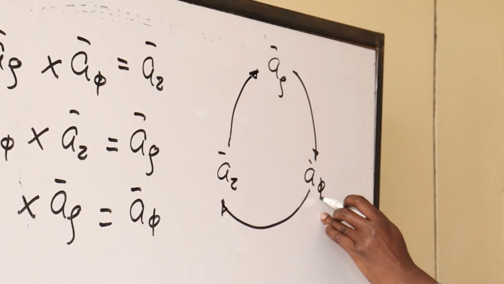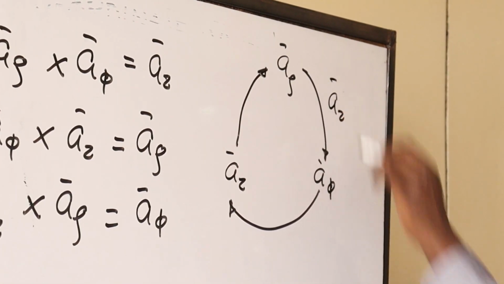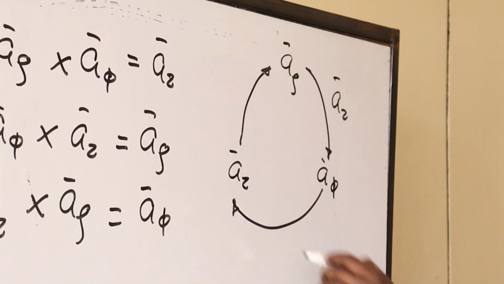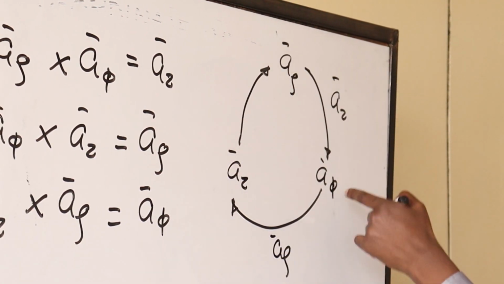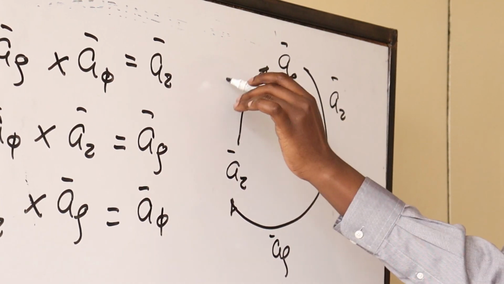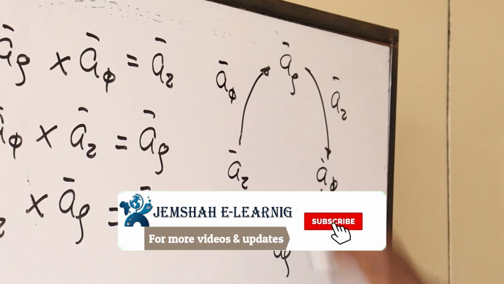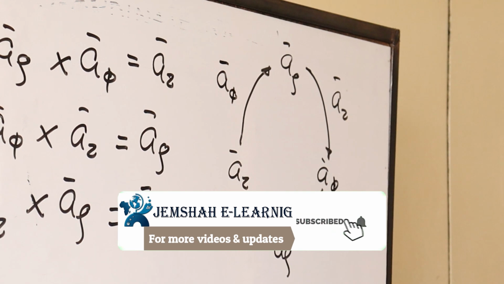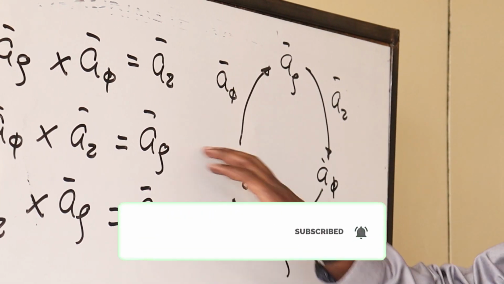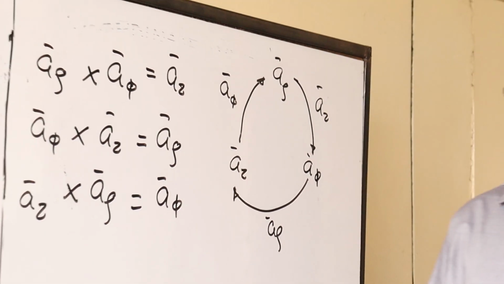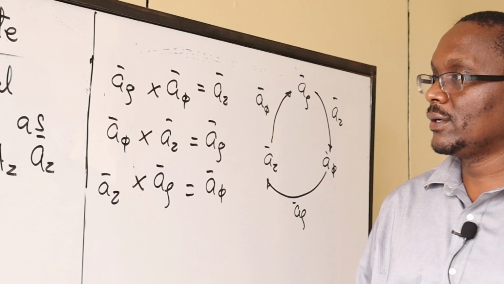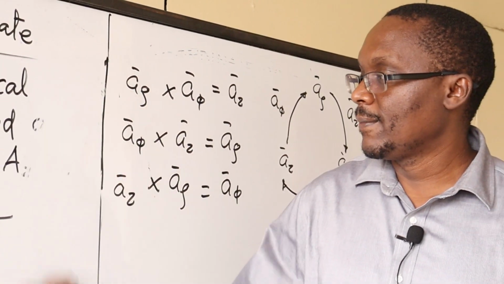So a rho cross a phi will be a z, a phi cross a z we have a rho, a z cross a rho we have a phi. These are the two rules to be followed when applying dot and cross product for cylindrical coordinate system.